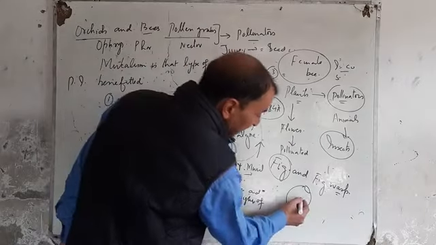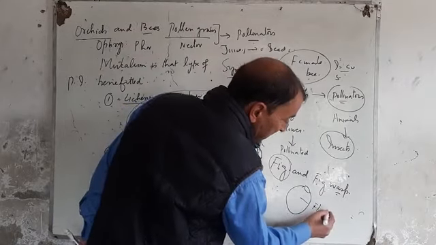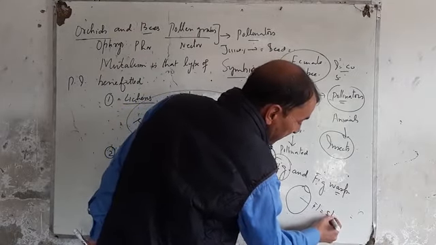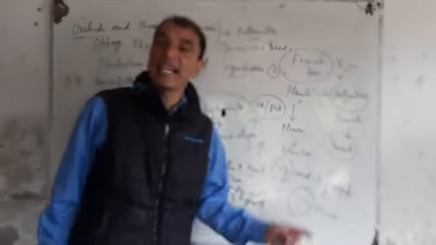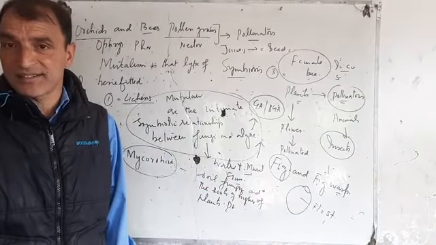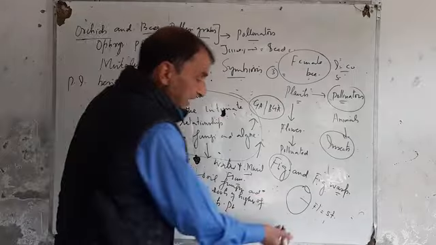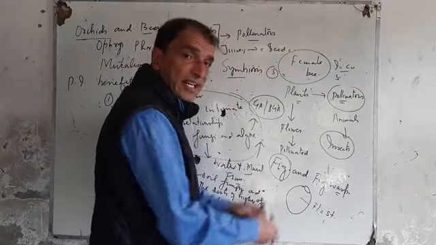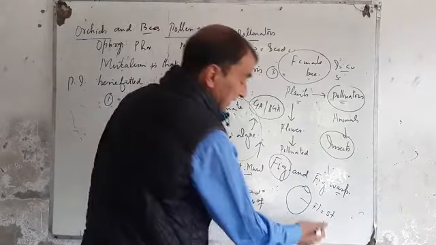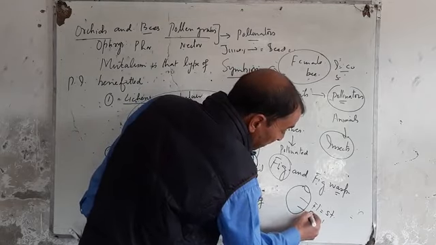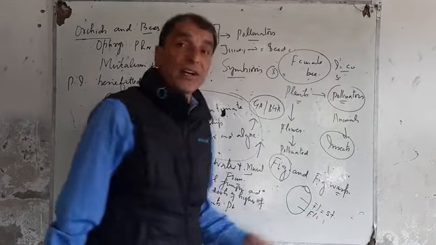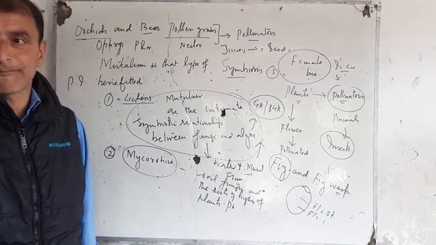In the center there are sterile female flowers, also called gall flowers. And in the bottom of this spherical structure, there are fertile female flowers.